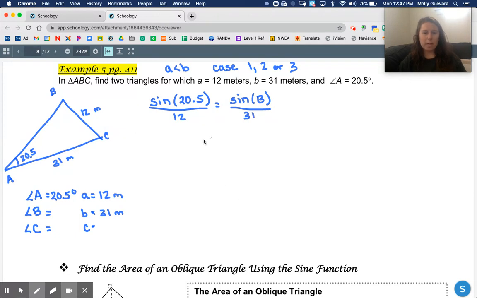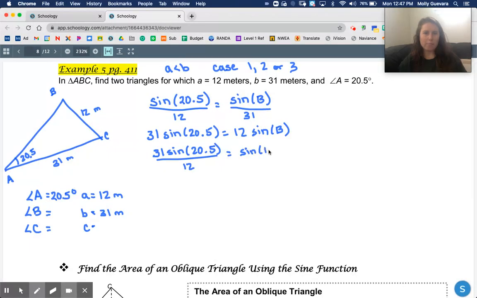We cross multiply. So 31 sine of 20.5 equals 12 sine of B. Divide by 12, 31 sine of 20.5 divided by 12 equals sine of B. And then you just take the sine inverse.